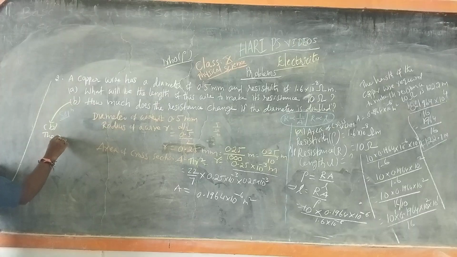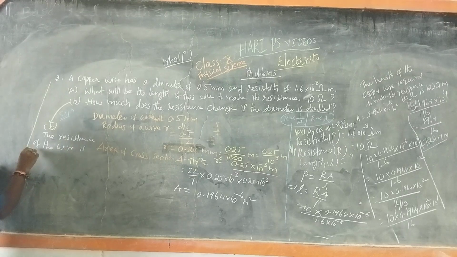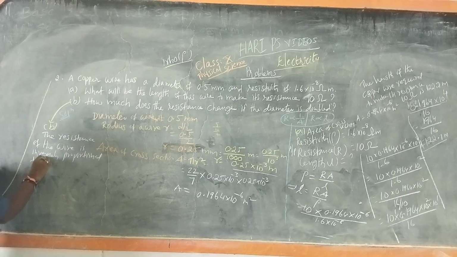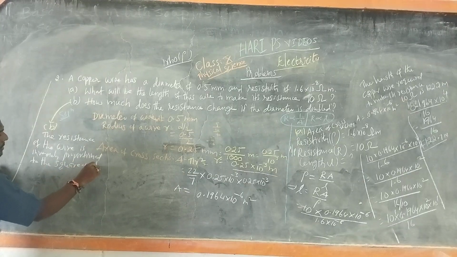As we know, the resistance of the wire is inversely proportional to the square of the diameter.